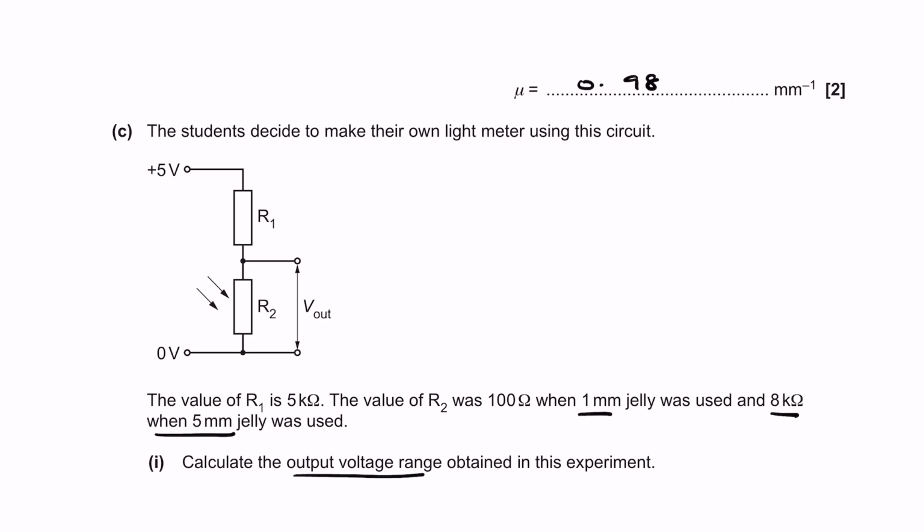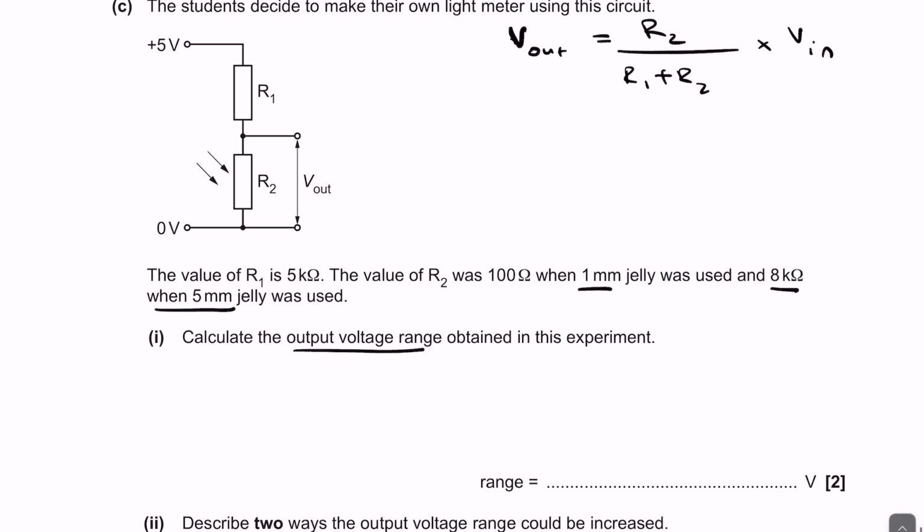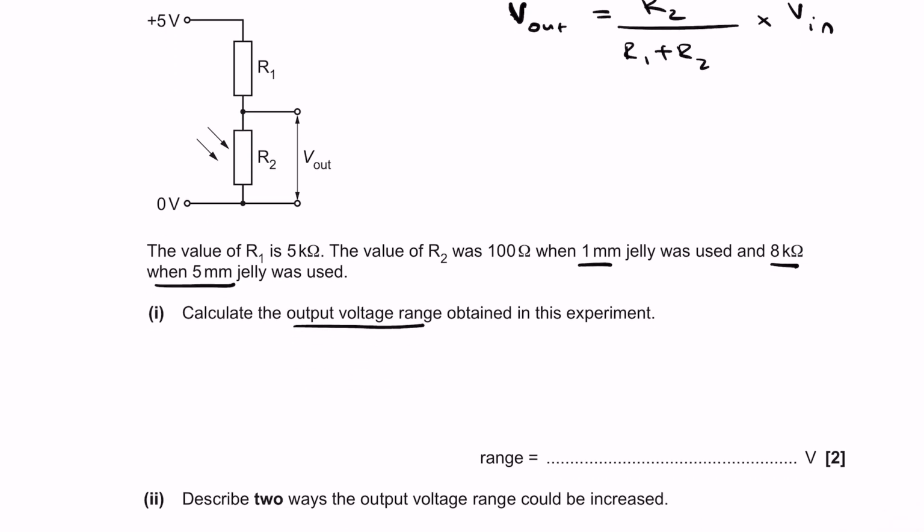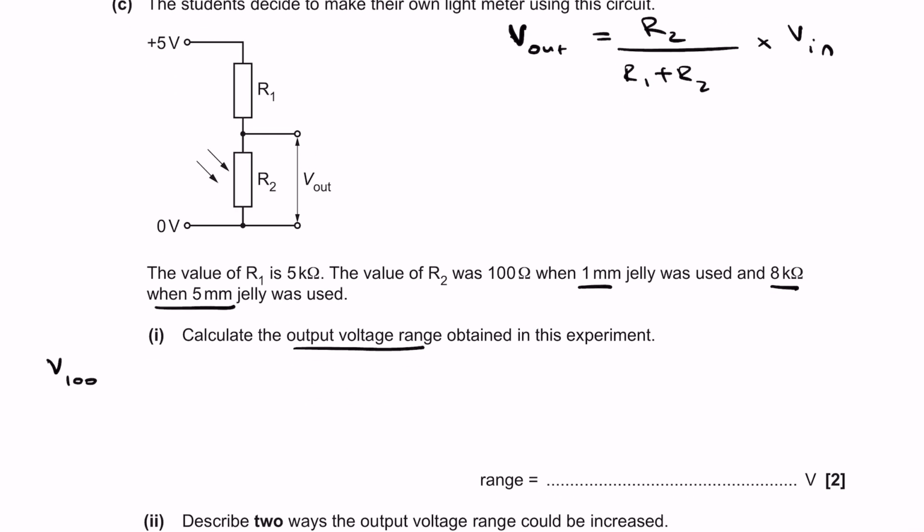So we know the potential divider equation, which is V out is R2 over R1 plus R2 times V in. I think this is a very, very nice question, very easy question. So at 100 ohms, we would have 100 over 5,100 times by the input voltage, which is 5, and that gives me 0.098 volts.